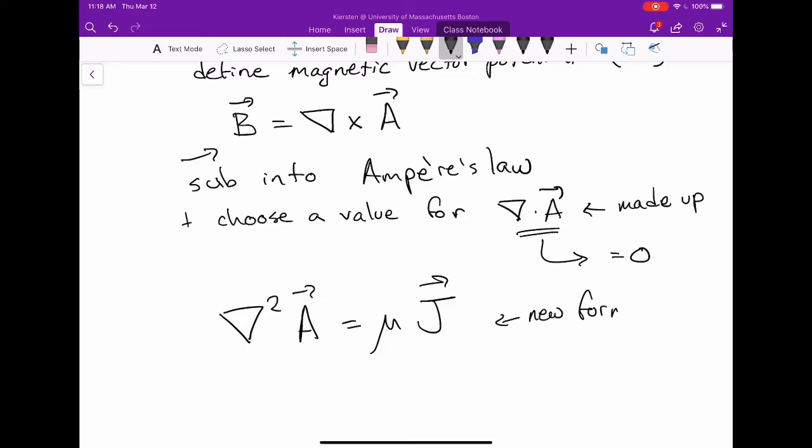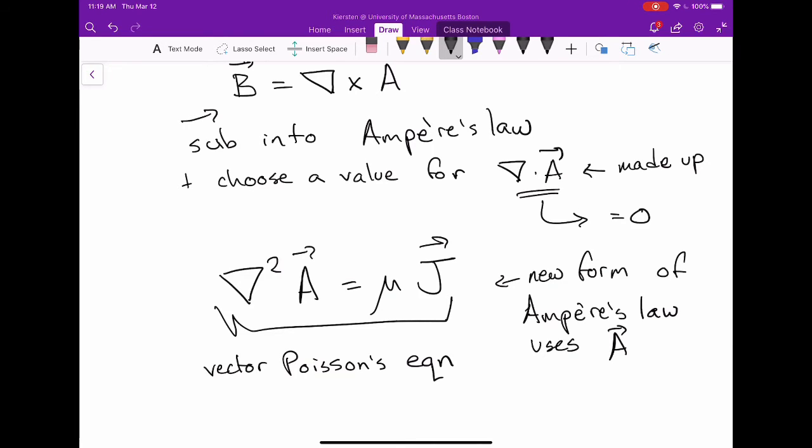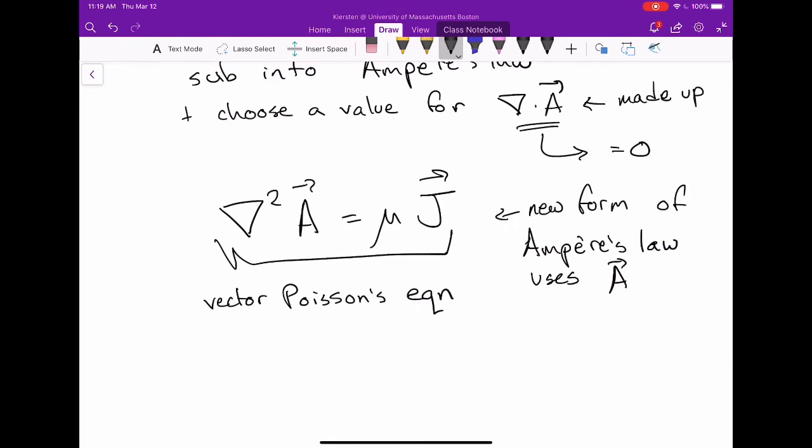That's a new form of Ampere's law that uses A instead of B. Now, here's the convenient thing about this. An equation that is of this form is called a vector Poisson's equation. And in general, those equations all have the same form for their solution, too.